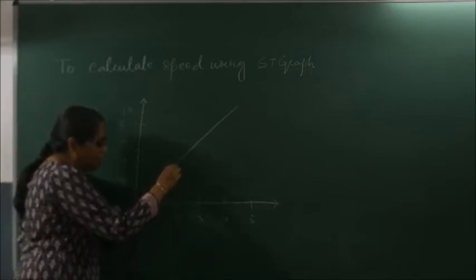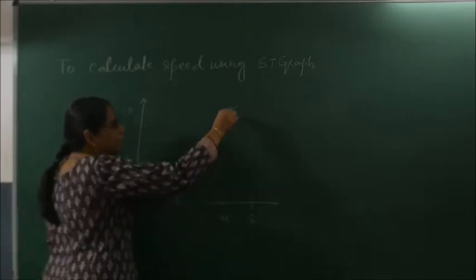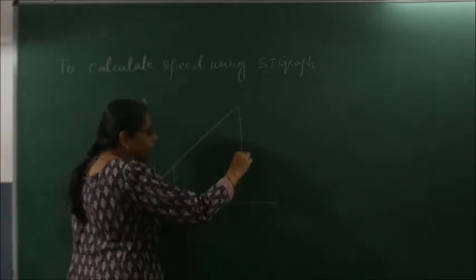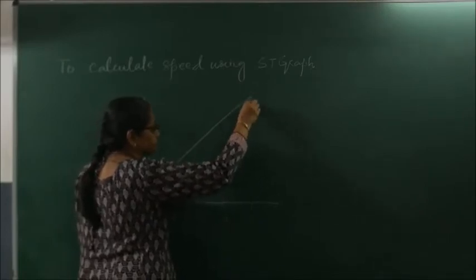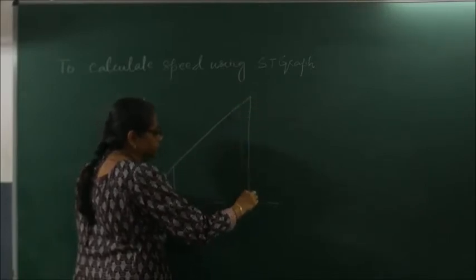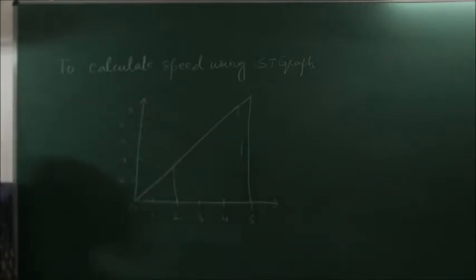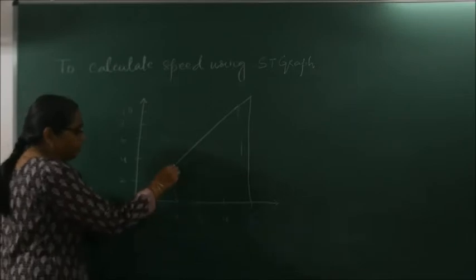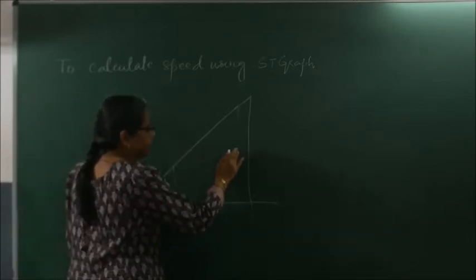I will plot a graph, a straight line from 2 seconds, and then from 5 seconds. Understood? I can write this as 2 and 5.